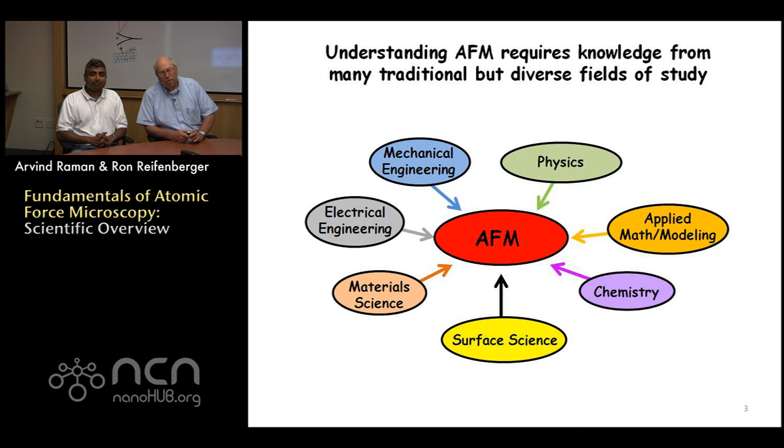So what we do here is we summarize the different areas of research that you probably need to have some understanding of in order to fully appreciate how an AFM works. You truly have to be multidisciplinary, and oftentimes you have to be an expert in more than one area in order to properly appreciate what this instrument can do.